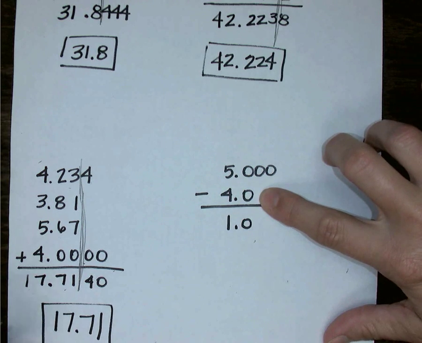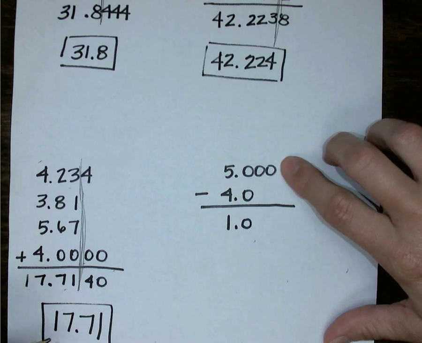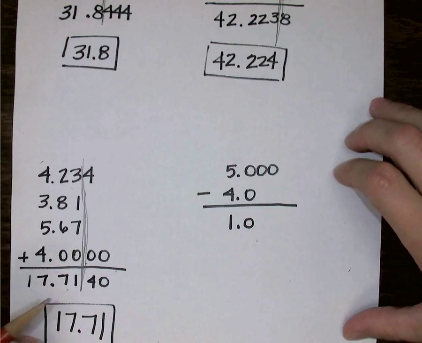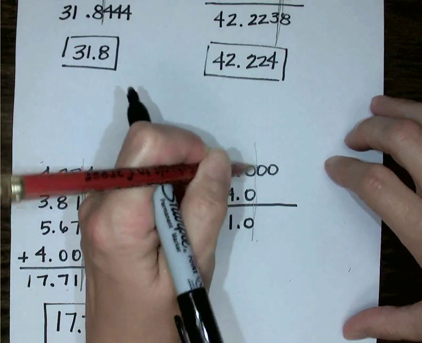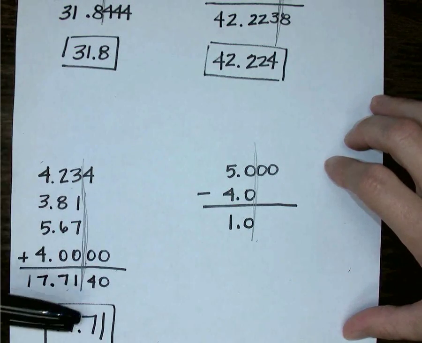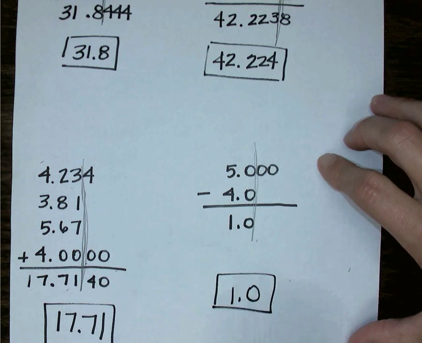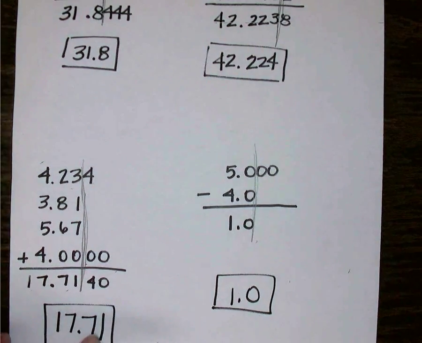Tenths is less precise than thousandths. We encounter tenths before we encounter thousandths. So we end the answer at the 10th place, and we report this answer as 1.0. Okay, that is addition and subtraction.